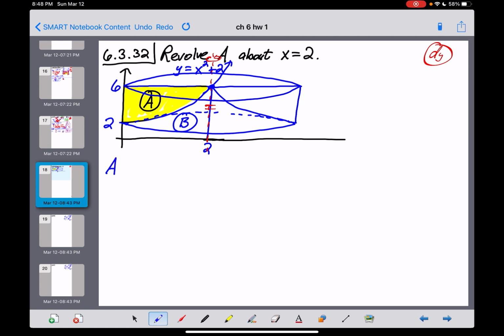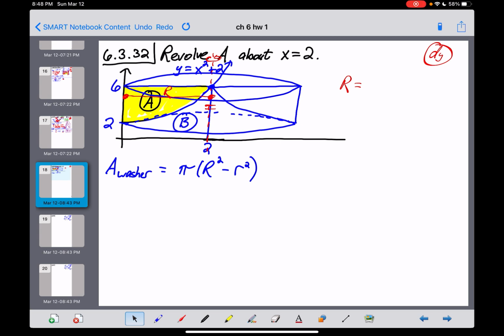Formula for area of a washer is going to be pi times big R squared minus little r squared. All right, then we've got to do some work over here on the side coming up with big R and little r. Big R starts at the axis of revolution, and I'm going to go through the first curve and then all the way over to the second curve, and there's capital R. And what we can hopefully see there, guys, is that capital R is always going to be the same length here, no matter what its y coordinate is.